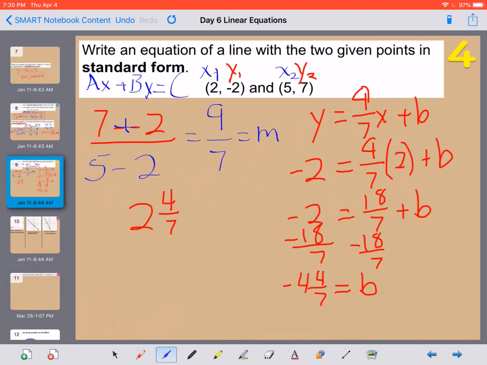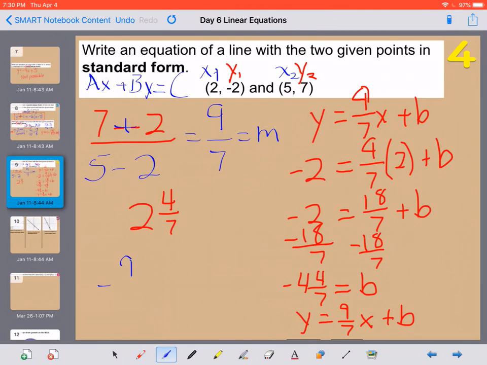So this is an ugly equation, but our whole equation is going to be y equals 9/7 x plus b. All we got to do is move over our 9/7 by subtracting it.